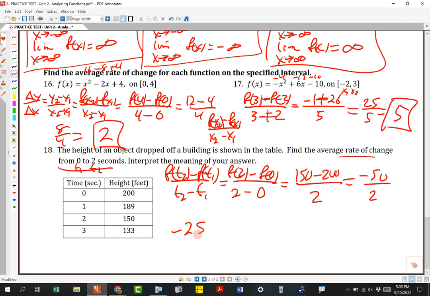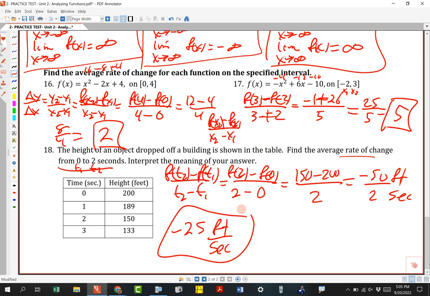Now, if all you did was this and you never thought about the units, it's tough to interpret. But remember, the time is measured in seconds, and that goes on the bottom. The height is measured in feet. So this is negative 25 feet per second. Okay?